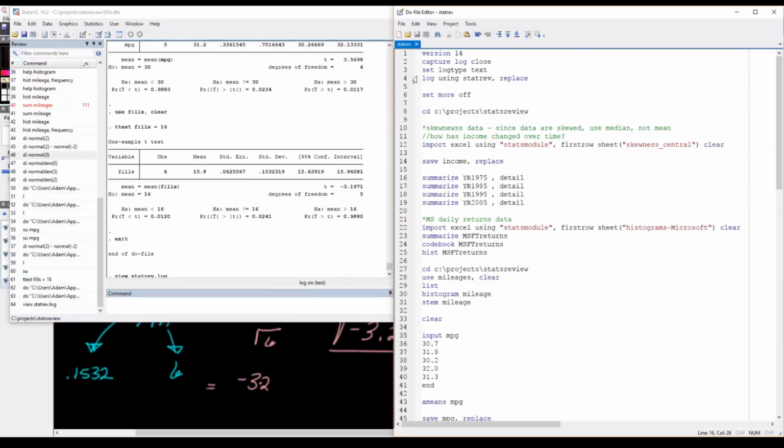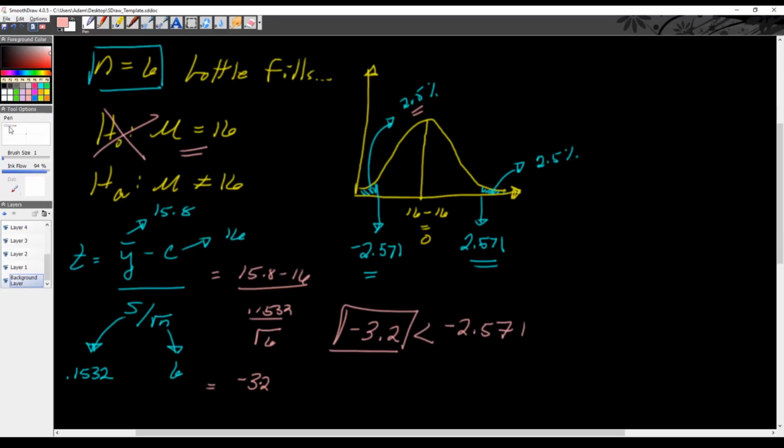All right, so moving right along, we can also do a one-tailed hypothesis test. Again, it's the same process. The only difference is how you write the null and alternative hypotheses, and this is something that we are going to do in class quite a bit.